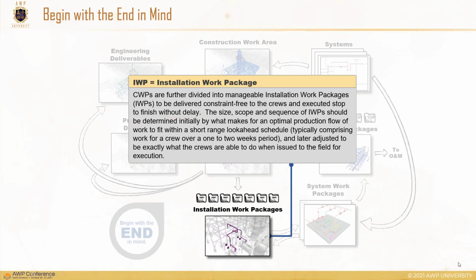So you're only going to get access at a certain narrow window, and thus you're only going to do one at a time. You're not going to be able to knock off multiples at a time. You might get 2 or 3, depending on how big the area is or the foundation that you're tying these drains to. But the truth of the matter is that they will be very small packages. You could have a 40 or 50 hour IWP for isolated work such as that.